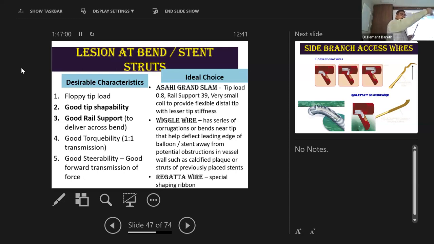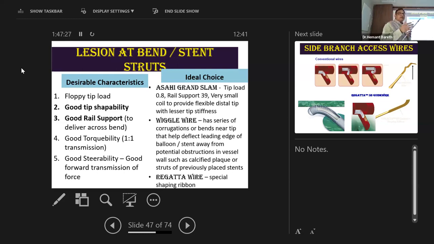If you want to enter through the stent struts, or in a provisional stent where the side branch goes away and you need to cross that stent strut, here it is very important to see the orientation of the side branch, and based on that orientation, according to that angle, you shape the tip curve. That is the critical part. If you are unable to shape that curve and you take a heavier support wire, that wire will not take shape.